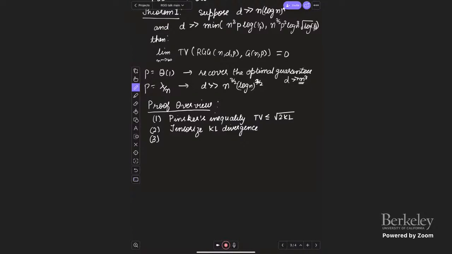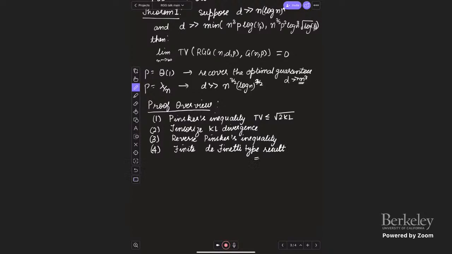And the third, we'll use the reverse Pinsker's inequality because we don't want to deal with too much nonlinearity. And the fourth step is to use a finite de Finetti type result.